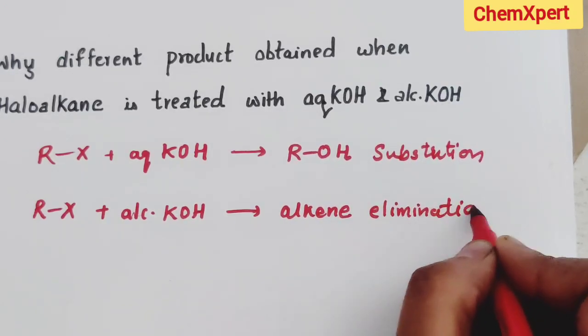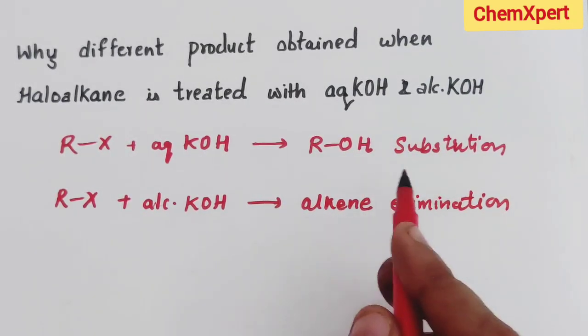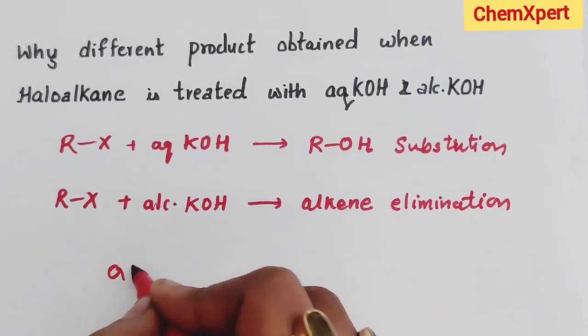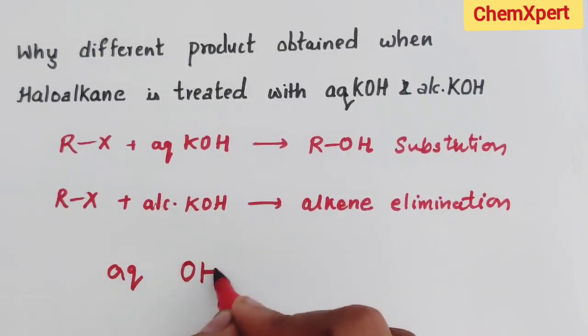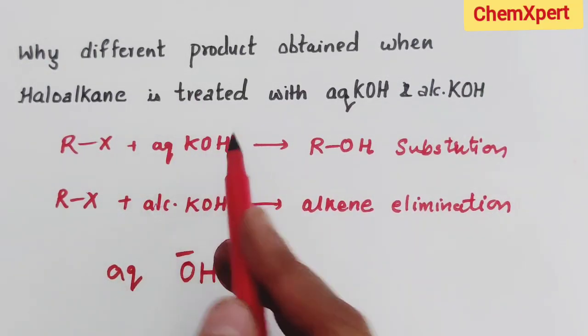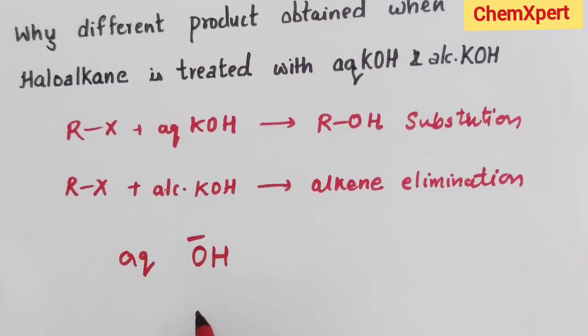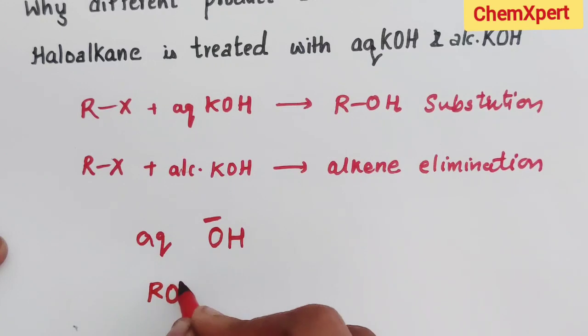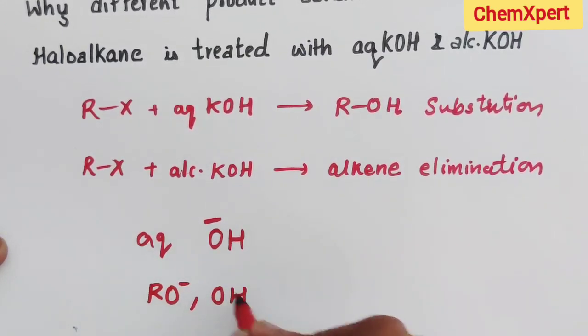Now the question arises, why do they follow different mechanisms with aqueous and alcoholic KOH? In case of aqueous KOH, the nucleophile generated is OH minus only, that is, in presence of H2O, only OH minus is the nucleophile. Whereas in case of alcoholic KOH, the nucleophiles formed are RO minus and OH minus.